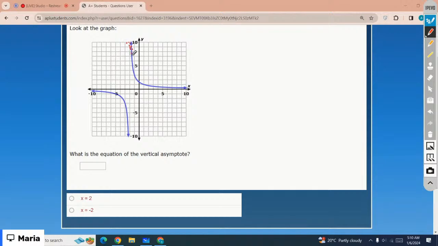Here is the value where the graph is changing from, hold on, let me make a line.